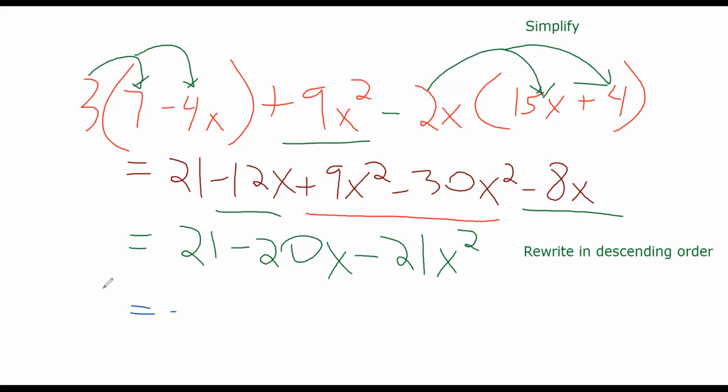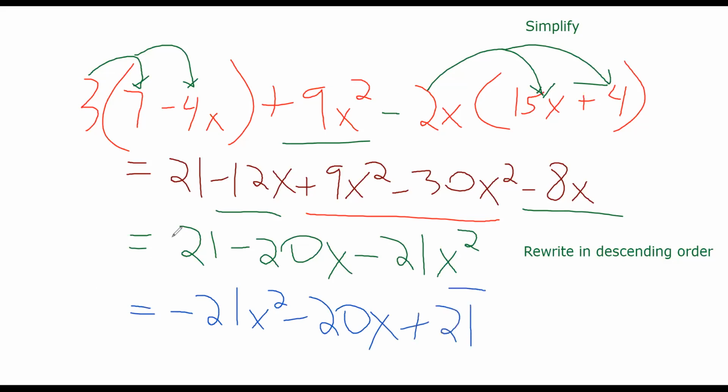So we're going to put, because we can use commutative property to rearrange addition and subtraction, negative 21x squared. The next highest term would be minus 20x. And finally, that 21 is positive. This 21 up here is positive. So it becomes plus 21 at the end. And now this is the most proper way to express that.